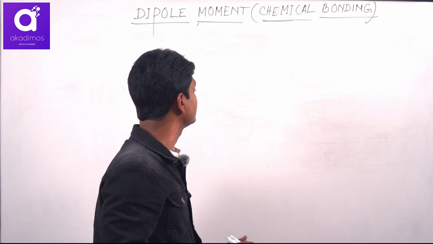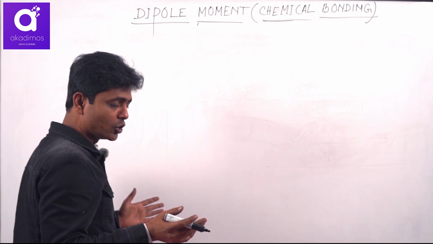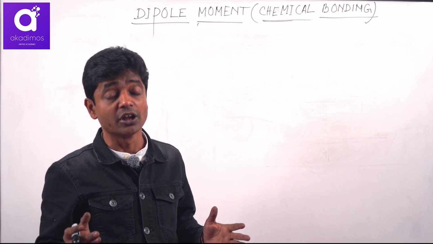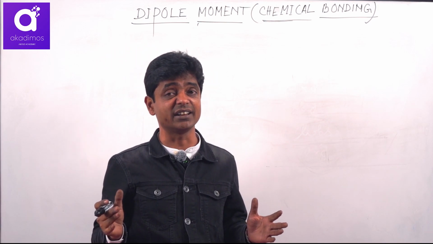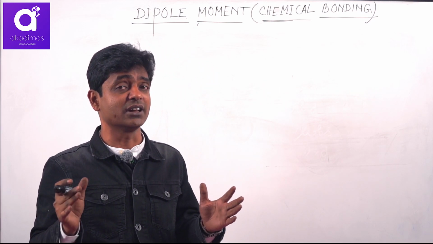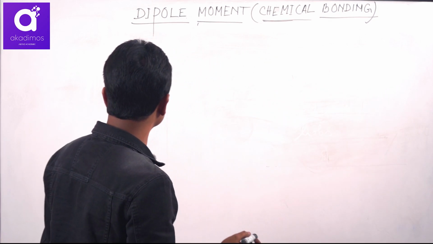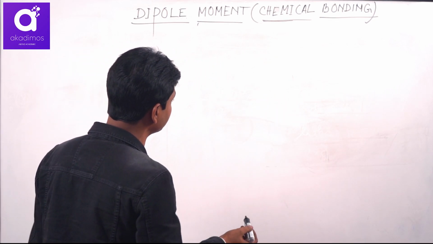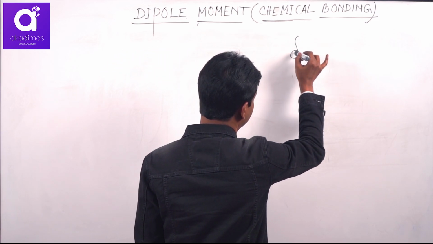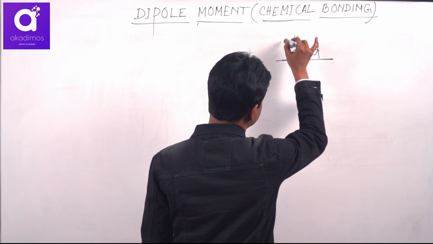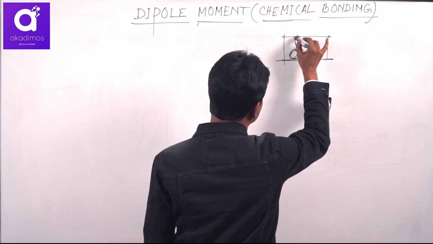I told you this dipole moment measurement of a molecule will give an idea about the polarity of the molecule as well as the dielectric constant of the solvent if it is in its liquid state. Now if I compare, the dipole moment remember not only depends on delta, it also depends on bond length. Remember this.